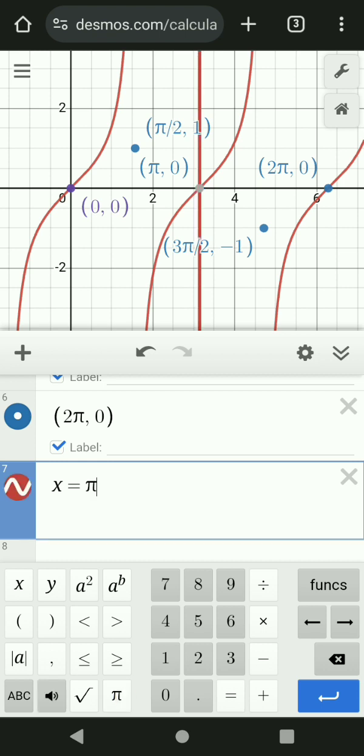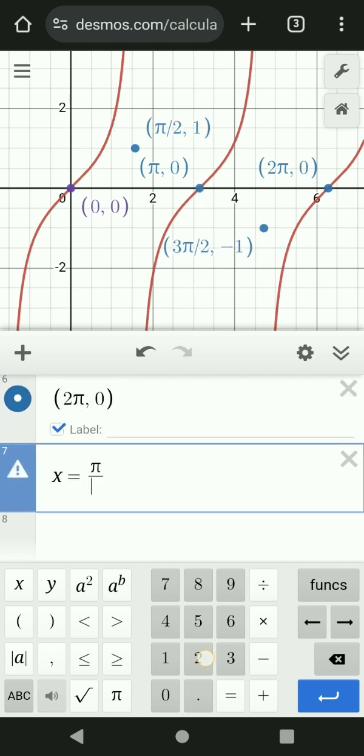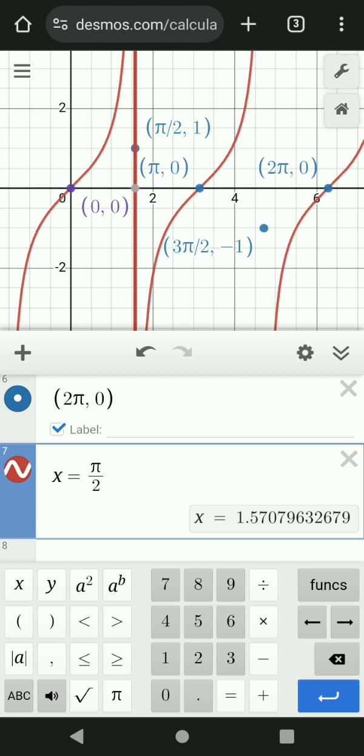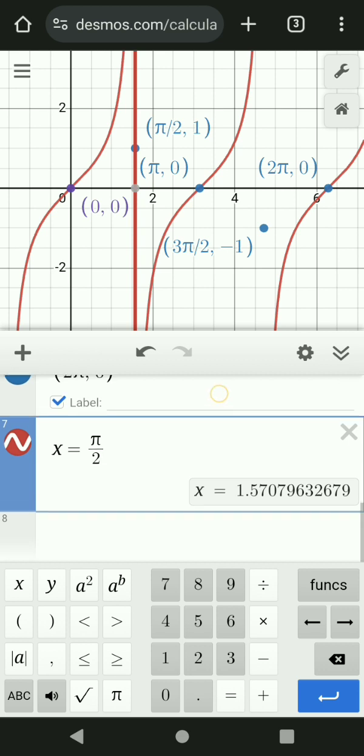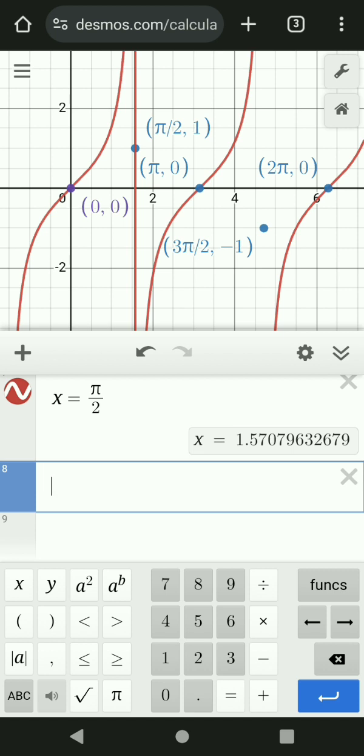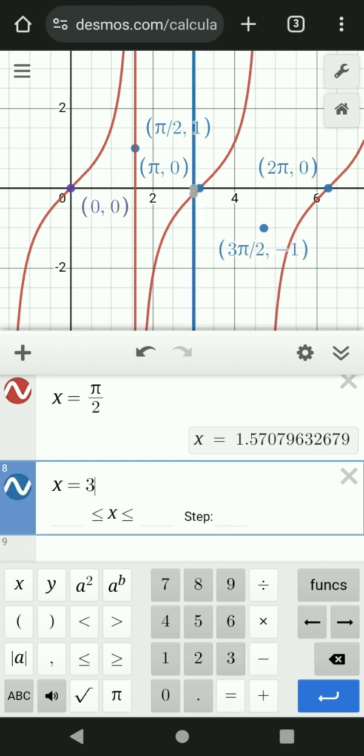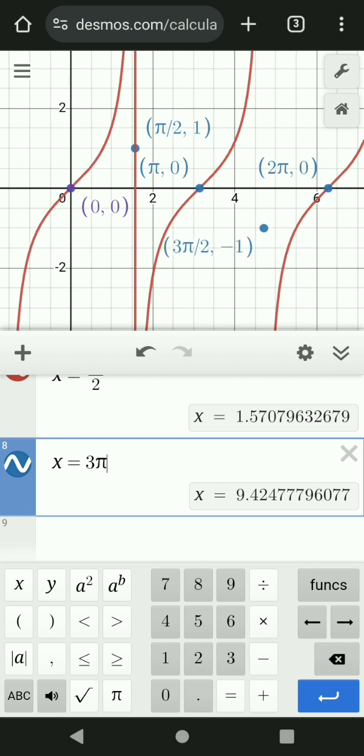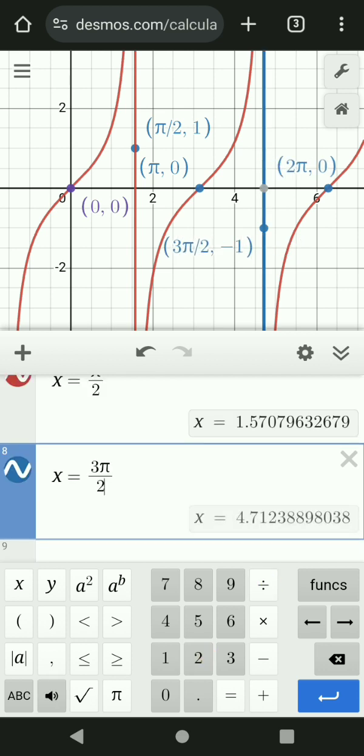pi over 2. So here it goes, and then another, x is equal to 3 pi over 2.